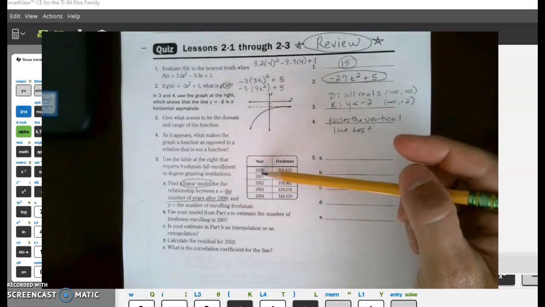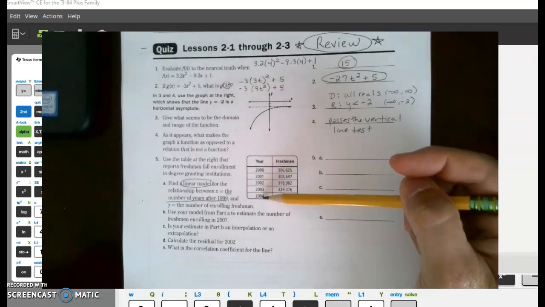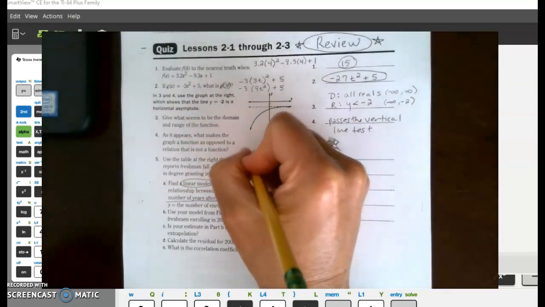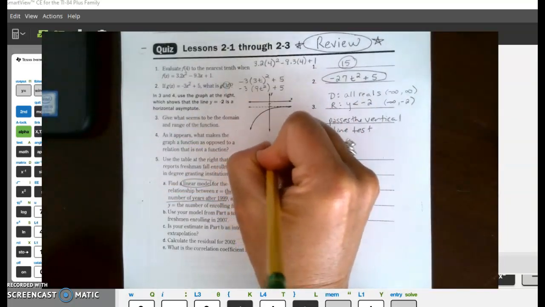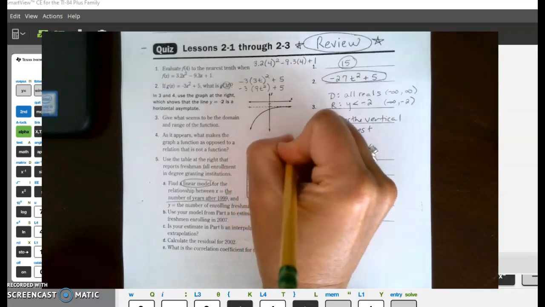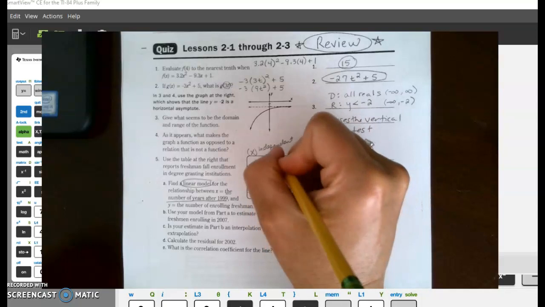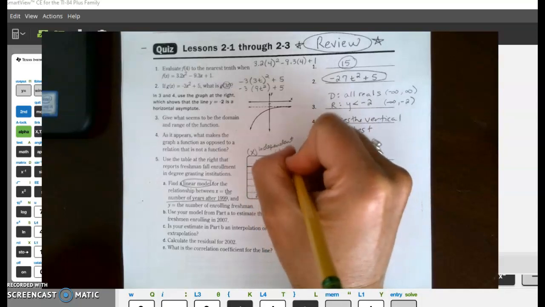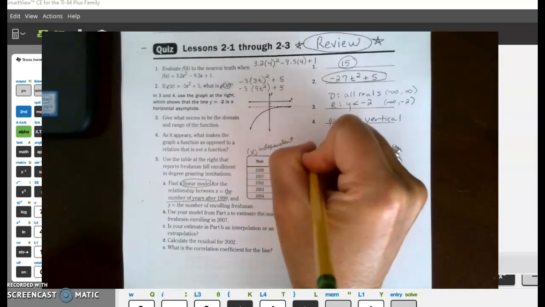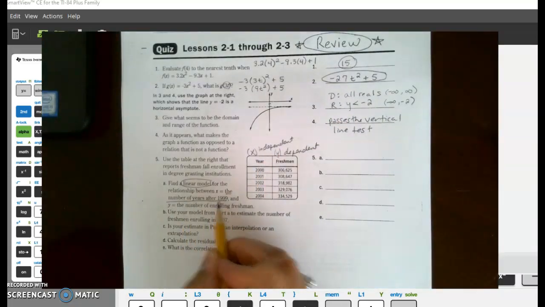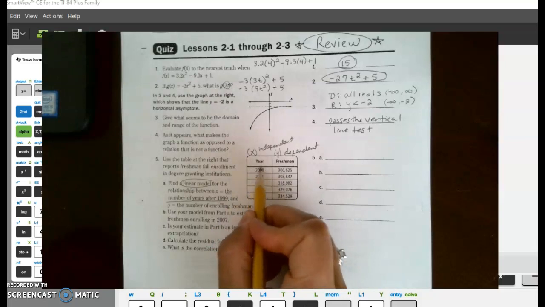So when I go to enter this data into the calculator, this is of course going to be my x, or my independent. It's going to be the year. Time is typically independent. And the number of freshmen is going to be my y, or my dependent. And since it's years after 1999, I'm not going to enter the year 2000.